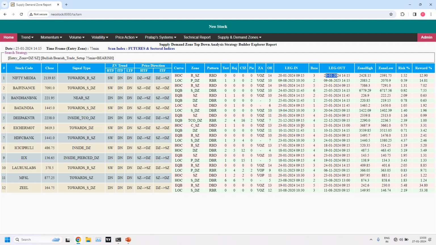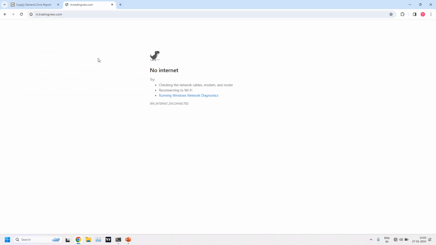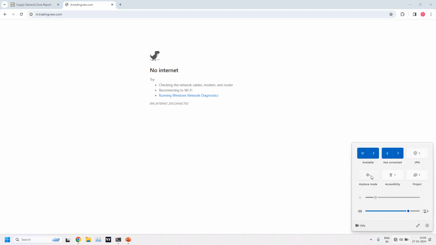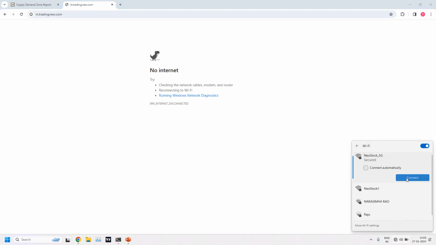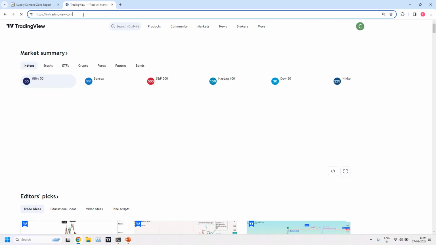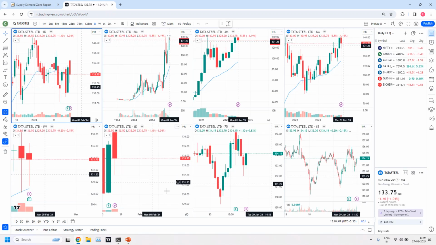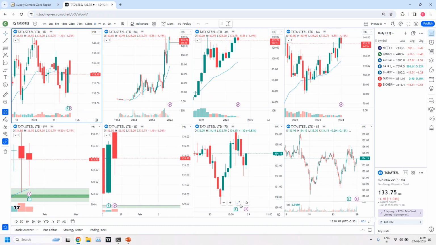For example, if you ask me to show one example by making use of this information, let me open TradingView. So the 75 minutes zone is the entry.